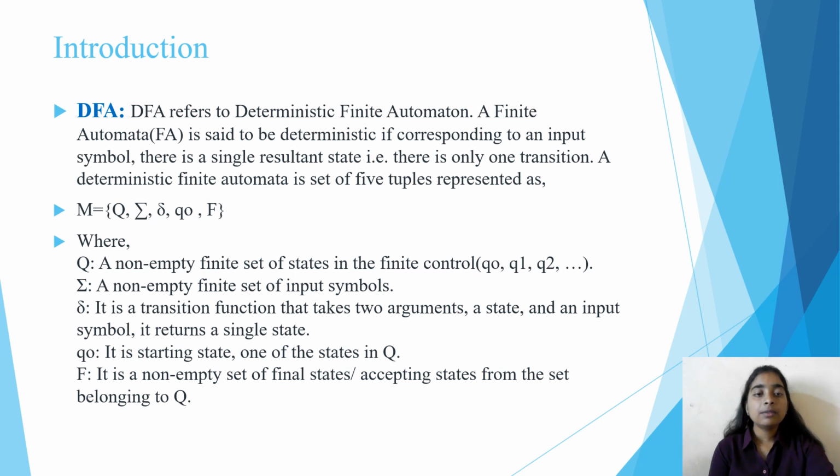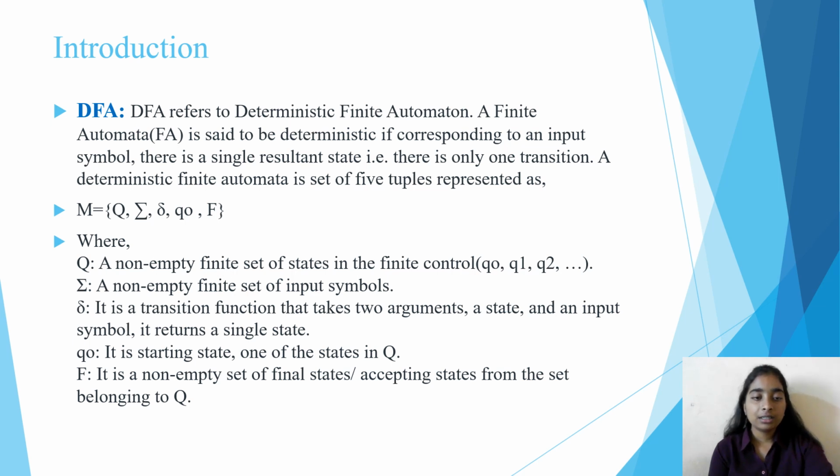A deterministic finite automaton is a set of 5 tuples represented as M = (Q, Σ, δ, q0, F), where Q is a non-empty finite set of states in the finite control: q0, q1, q2, and Σ is a non-empty finite set of input symbols.